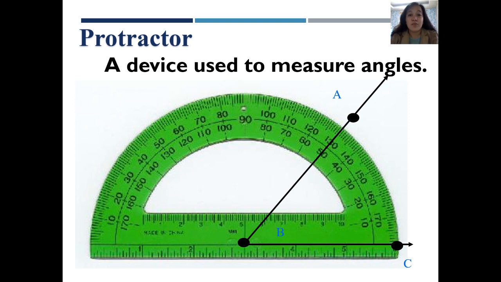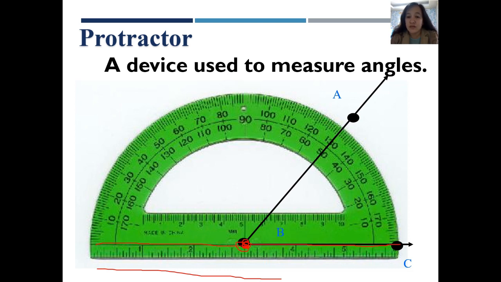Take note that the protractor is the device which we use to measure angles, like this one, wherein you place the protractor pointing on the vertex, and then one ray of the angle must be in position with the part of the protractor pointing to 0.